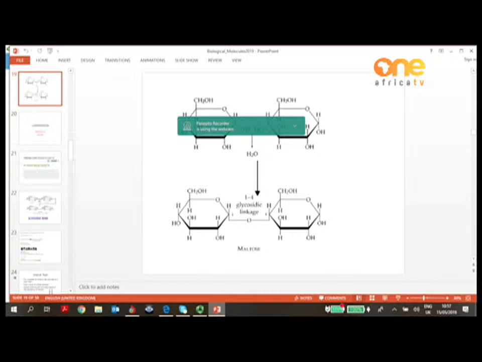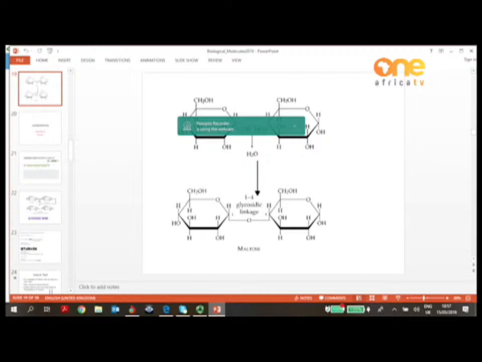The elements for carbohydrates? C, H, and O. The ratio of hydrogen to oxygen is 2:1.